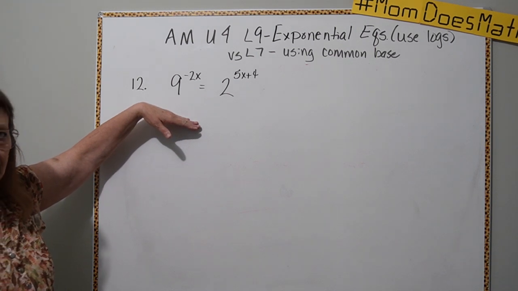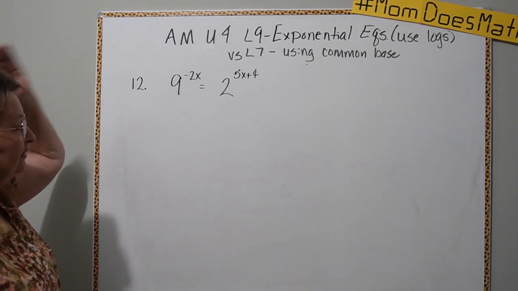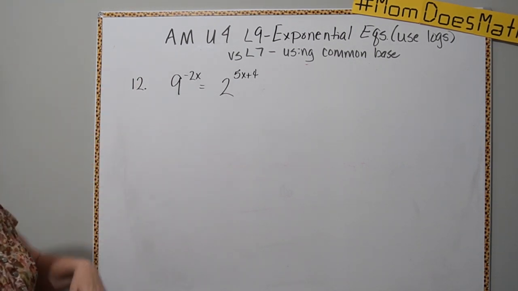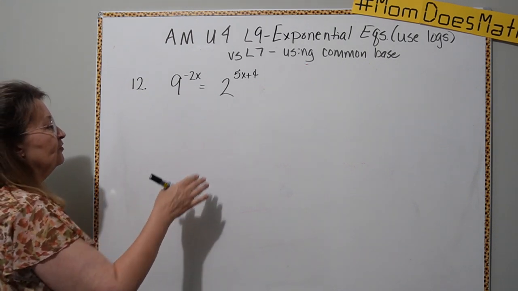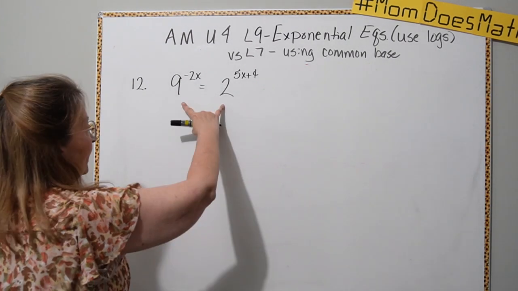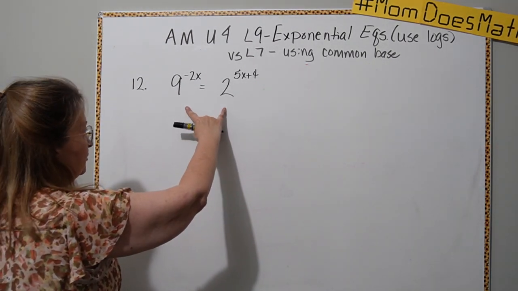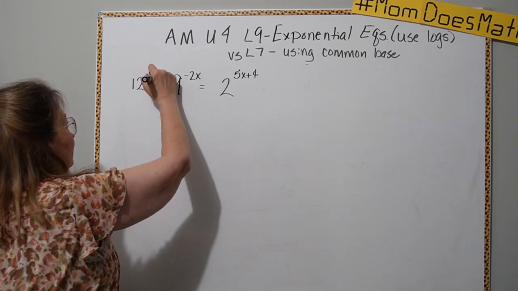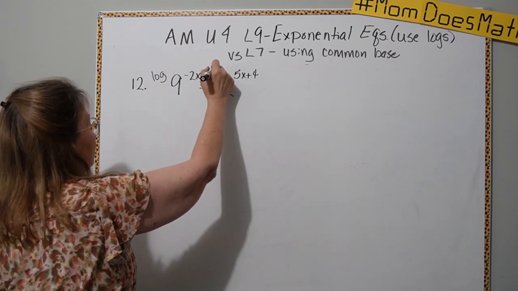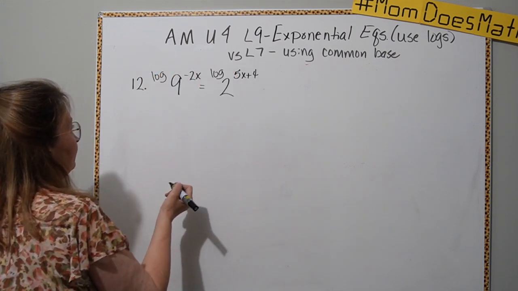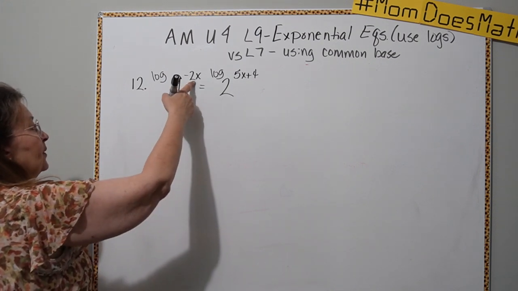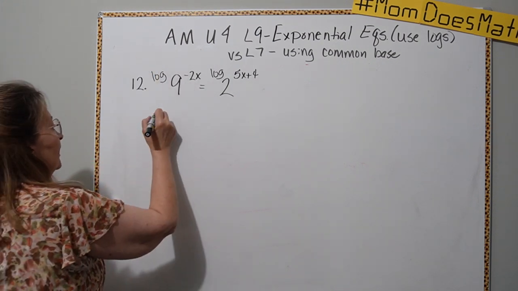Okay, last one, y'all. Number 12, 9 to the negative 2x equals 2 to the 5x plus 4. Once again, we cannot get a common base. Our exponentials are isolated, so we are ready to take the log of each side. Now we're going to take our exponent and we're going to flip it around and make it a coefficient.